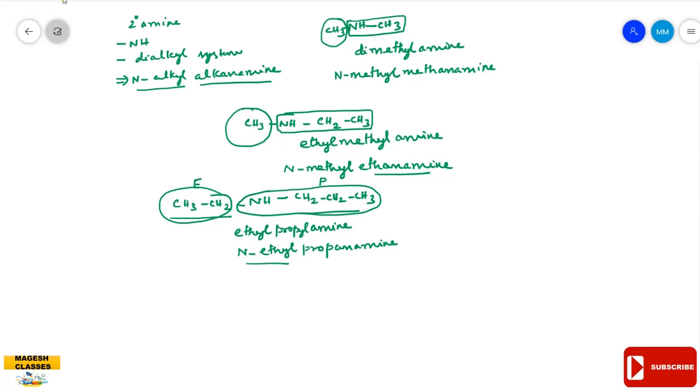In case of tertiary amine, one example: in a tertiary amine, 3 alkyl groups are attached to the nitrogen atom. In the common name system, it is trialkyl amine.